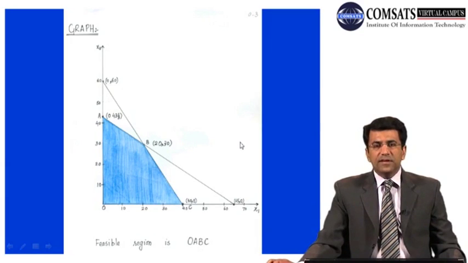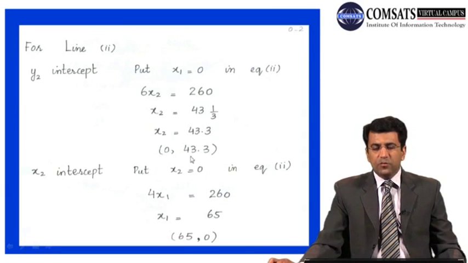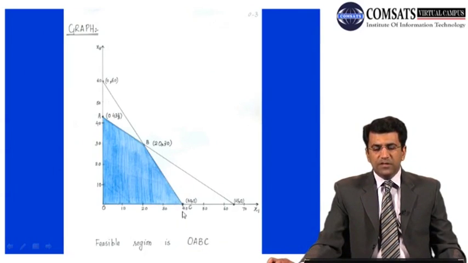Now first what we'll do, we will put equation number 1 onto this graph. We have just calculated the 2 different points of equation number 1, that is 0, 43.3 and 65, 0. Now we will plot these points. This is the first point, 0, 43.3.